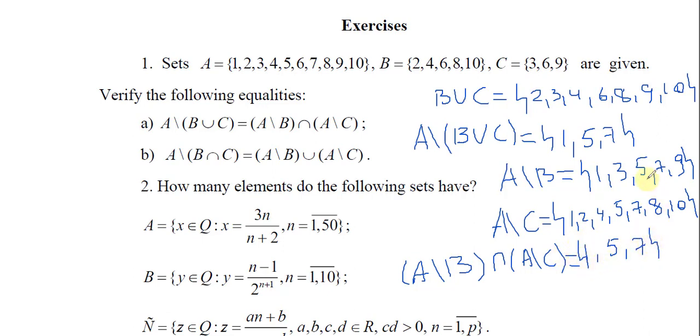So we verified our equation: 1, 5, 7 on the left side and 1, 5, 7 on the right side. And the second one we can verify in the same way. These two we also call De Morgan's laws.